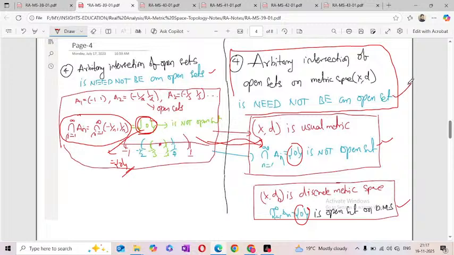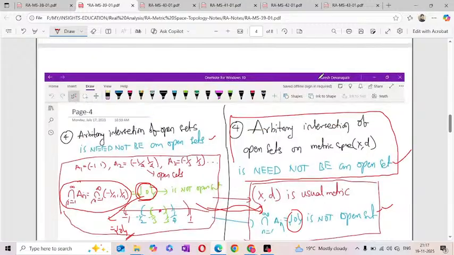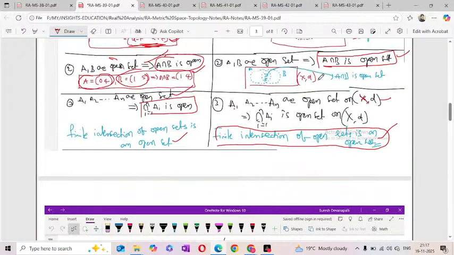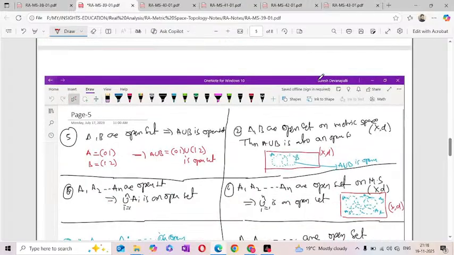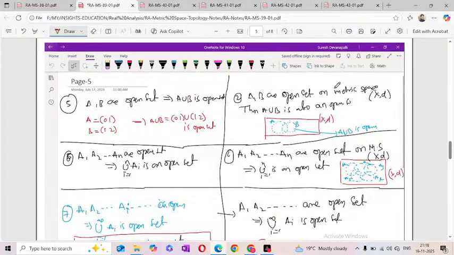Same in real analysis. So finally, what is the conclusion? The finite intersection of open sets must be open, but the arbitrary intersection will not. So this is related to the intersection. Now the same thing in the union version. Suppose A and B both are open sets.